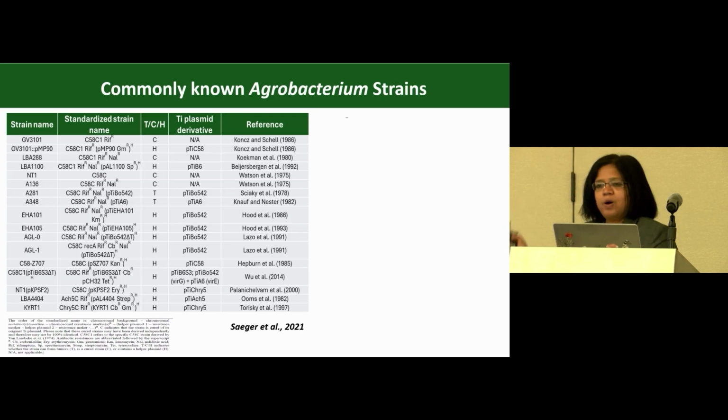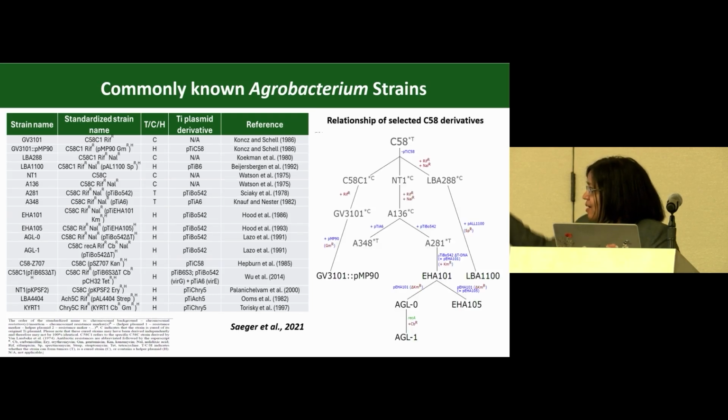It looks like quite a lot, but many of those are derived from the C58 strain of Agrobacterium. This particular publication shows a really good lineage of how things evolved. They did a pretty good job with color coding, the resistance markers, and where the resistance is sitting, and all these things are highlighted well in this publication.